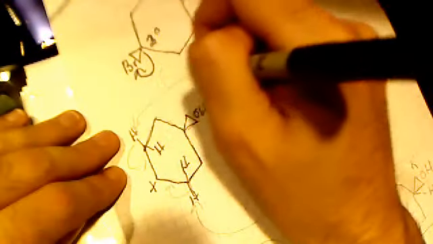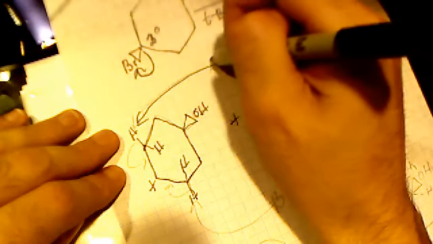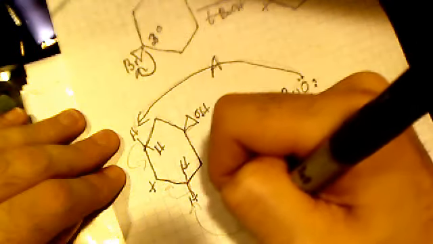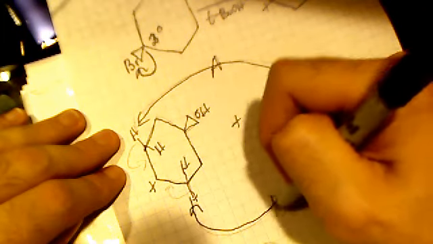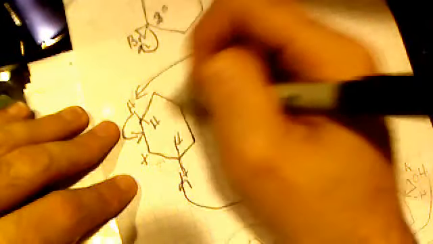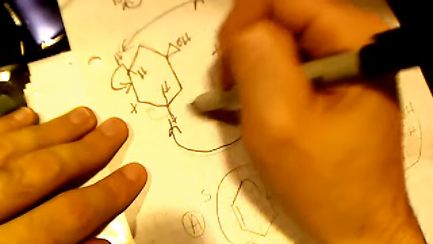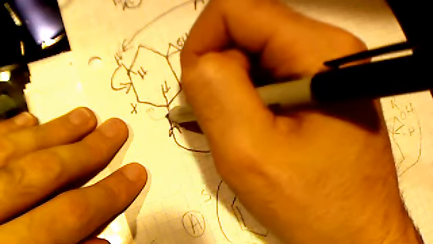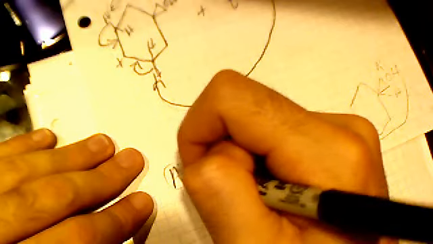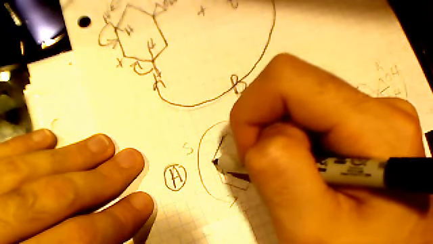It can go by route A, or it can go by route B. Right? So if it goes by A, it's going to take this hydrogen, the double bond will be pushed there. And if it goes by this route B, it's going to take this hydrogen, and the double bond will be put there.